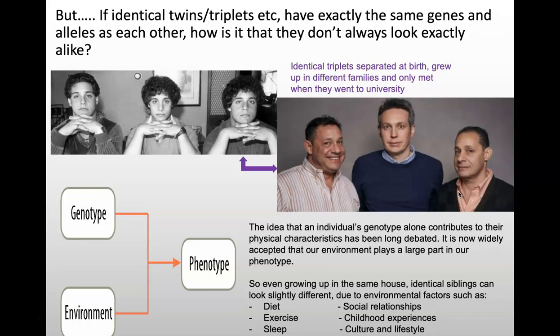Each individual is an individual. They don't have exactly the same experiences or eat the same things all the time. Environmental factors such as diet, exercise, sleep, social relationships, things you might ingest like alcohol or drugs, childhood experiences, culture and lifestyle will all have an effect on your expression of genes and therefore on your phenotype.